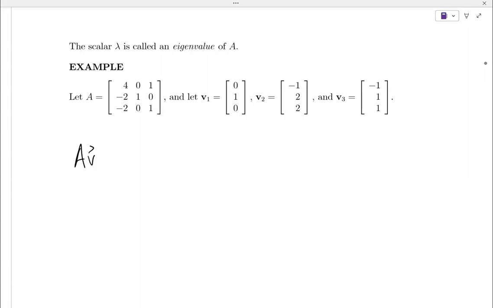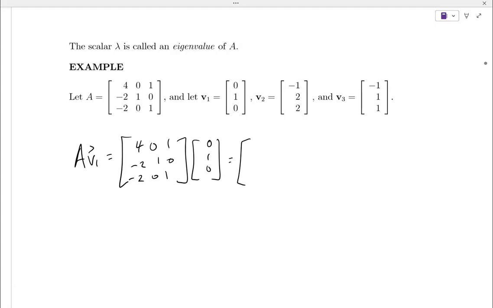If I take my A times my V1, notice here I get 0, 1, 0 when I multiply, right? Notice it matches up. That 0 hits that 1, and the other two zeros kill those off. That 1 hits that 1, and then again the 0 matches up with the 1.